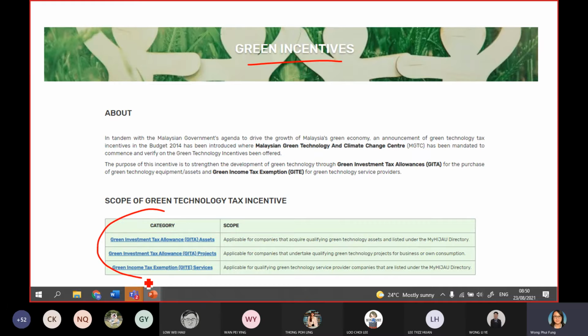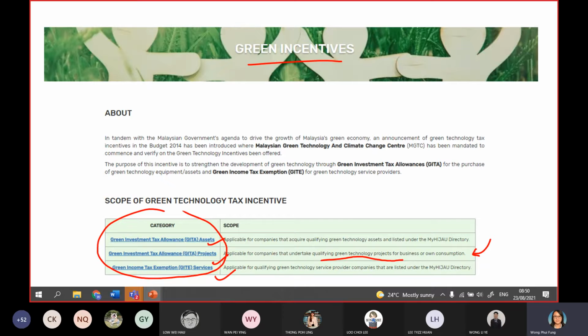Under here there are a few categories such as asset, project, and services. For property development, the second one is more related. It is applicable for companies that undertake a qualifying green technology project for business or own consumption.